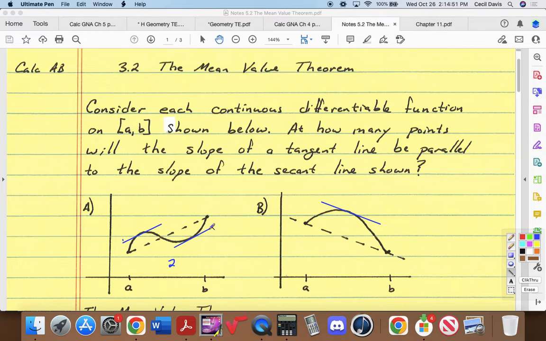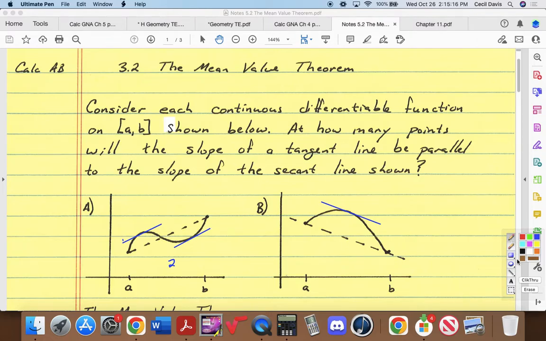At some point, did you have to be going 50 miles an hour? Yeah. Now, is it possible you were doing 50 the entire time? Yeah. Is it possible that your speed was 50 at 18 different times, but most of the time it was somewhere else? Yeah. Okay. But that's what the mean value theorem says.